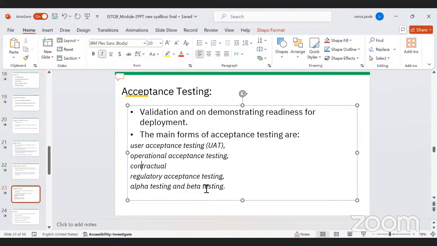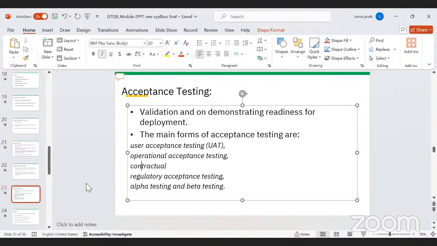They will download the beta version of the application and use it in their house or wherever they are. So it is done to acquire feedback from the mass market, from the actual users who will be using the application.